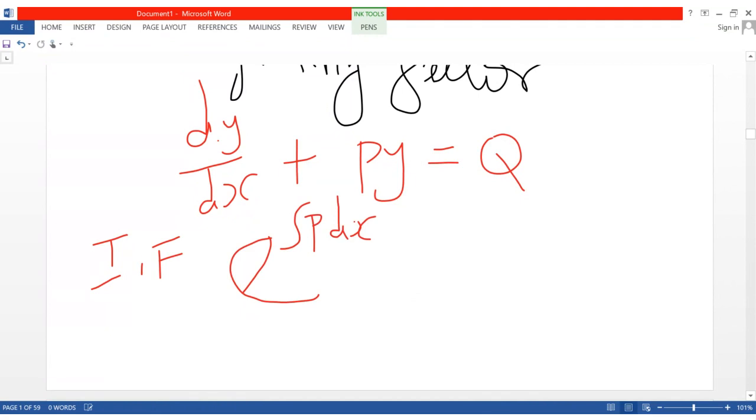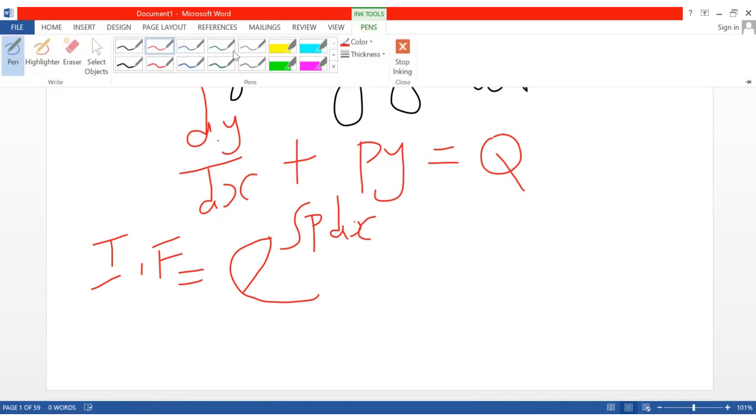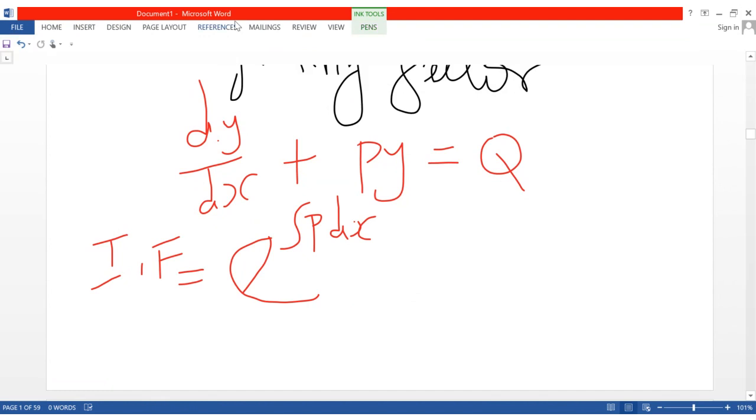So the integrating factor will always be given by an exponential, and then we integrate the P. The P is always next to the Y.